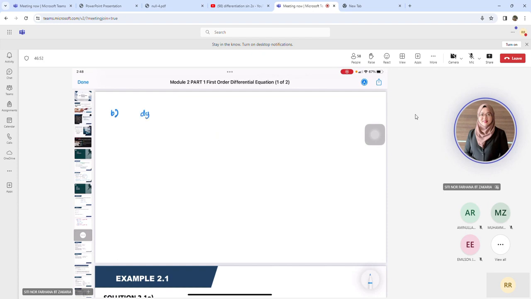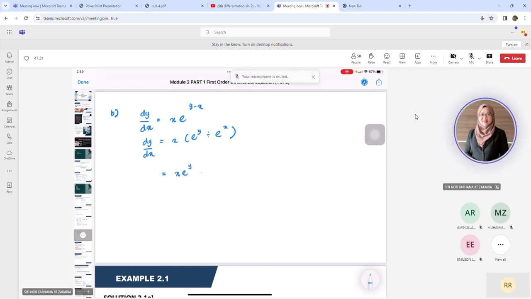So to separate this one, we know that exponential y minus x is equals to exponential y divided by exponential x, right? So take all the variable x into the right side and then y in your left side. Rearrange it first.